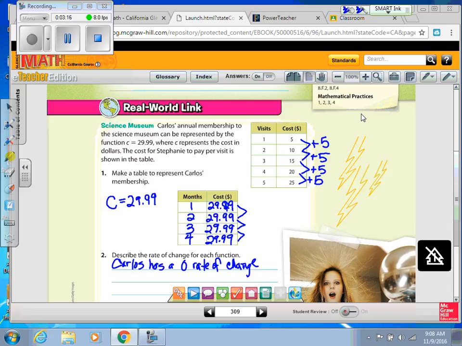The rate of change of Stephanie's is $5 per visit. Okay?